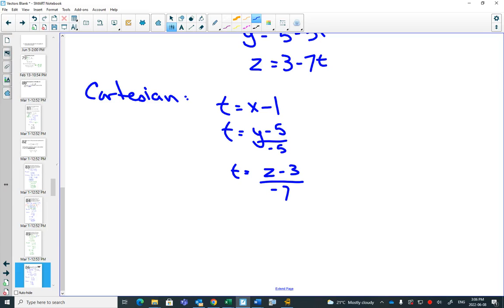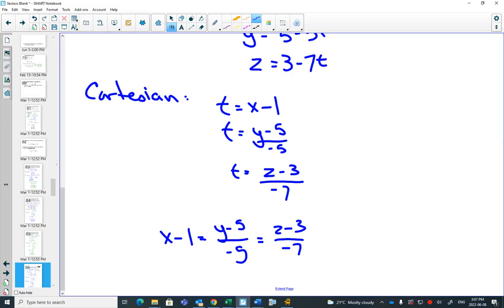So the Cartesian form of this equation is that x minus 1 equals y minus 5 over negative 5 is equal to z minus 3 over negative 7. And you get an equation equating three of them all together. Not exactly what you wanted. No. But that would be the Cartesian form of this one.